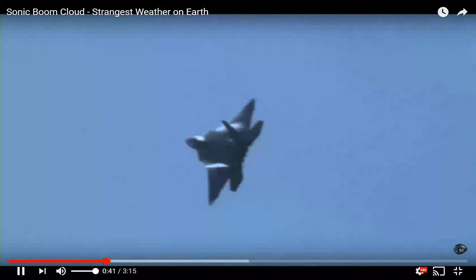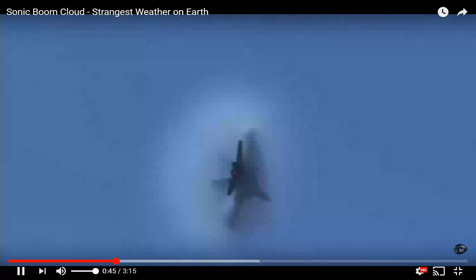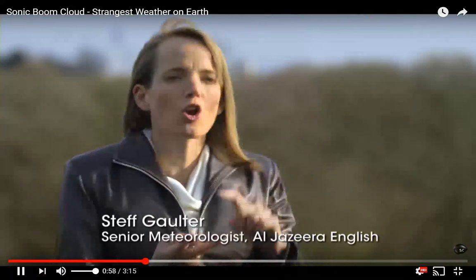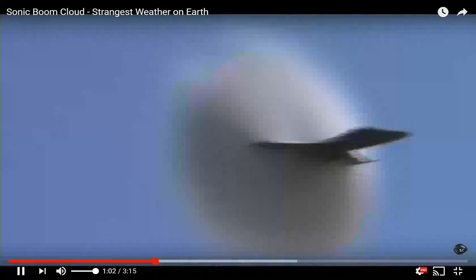This is strange weather at its fastest. Meteorologist Steph Golter explains exactly how this bizarre cloud is formed. To form a sonic boom cloud, you need 2 things really. You need a lot of moisture in the air, and you also need a plane travelling really, really fast.